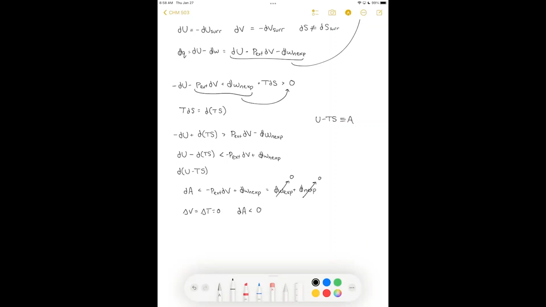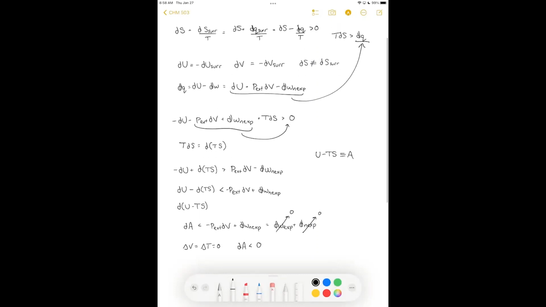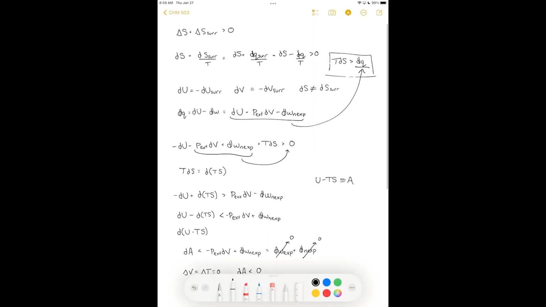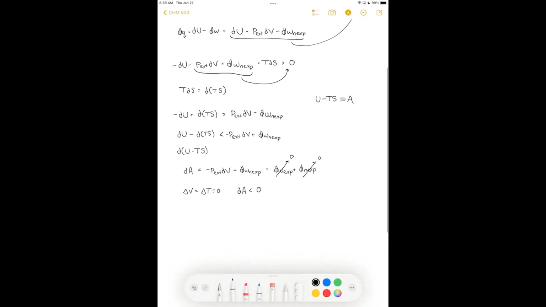So remember, this inequality that we have here is meant to determine natural processes. Going back up to the top, this Clausius inequality says for all naturally occurring processes, TdS is greater than dQ, and we were able to get that delta S of the system plus delta S of the surroundings has to be greater than 0. So this is the same thing down here.